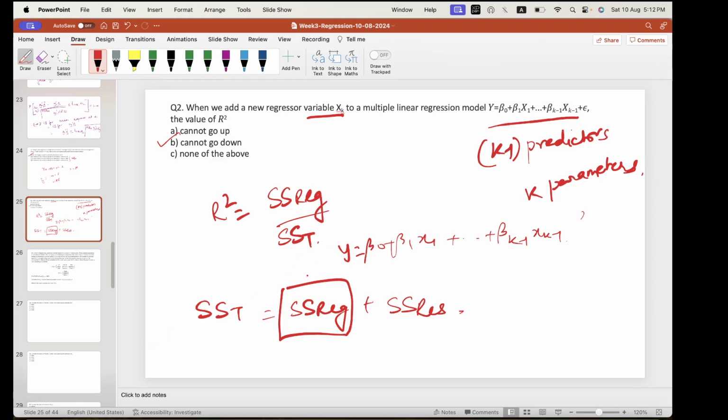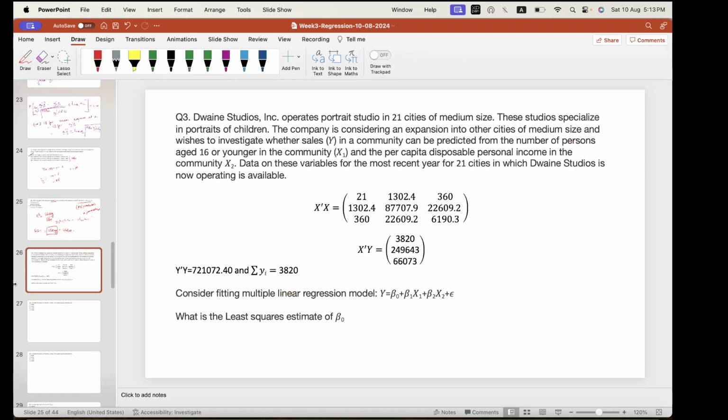Alright, so r square, as we keep on adding variables, will keep on increasing and it cannot go down. Fine, let's move on to the third one.